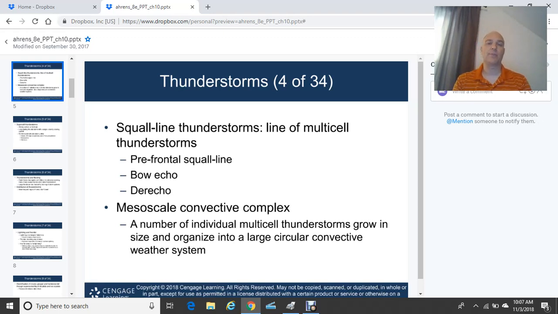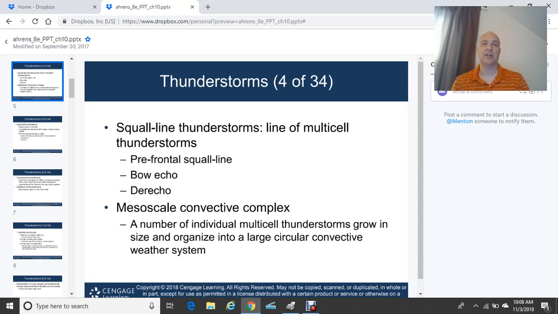There's something known as a bow echo in association with squall lines, and this is a bow-shaped radar signature. Wherever the bow bulges out the greatest, that is where you have the strongest downdraft of thunderstorm winds. Okay, so you can actually get some pretty good damage with squall lines, especially where there's a notch.